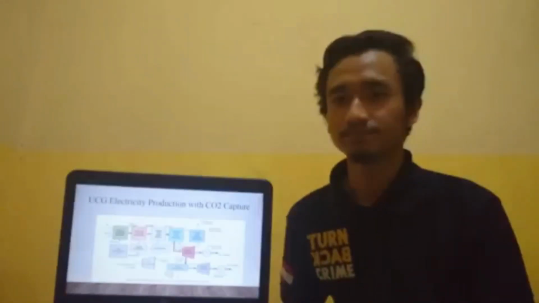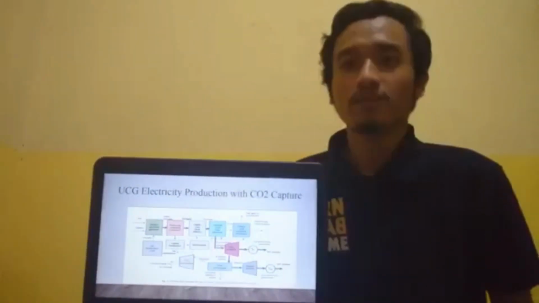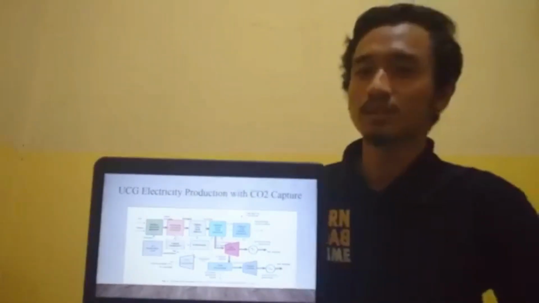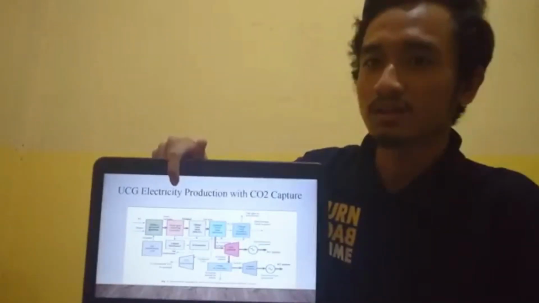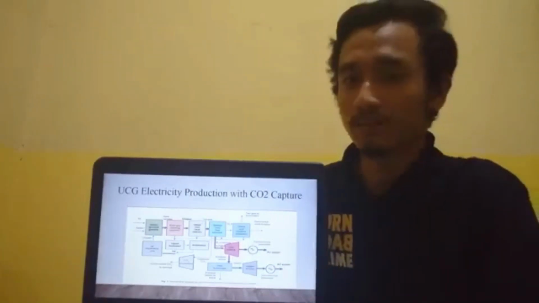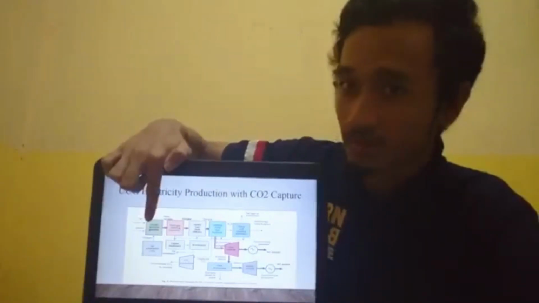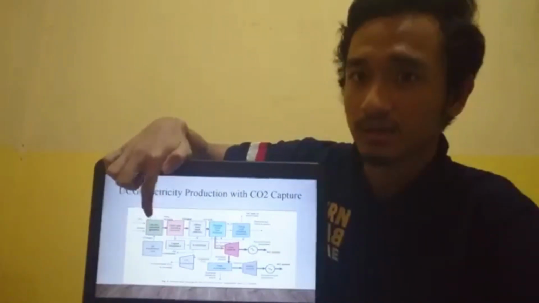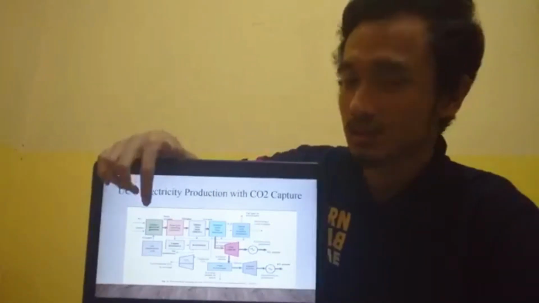In this flow diagram, you will see UCG production with CO2 capture. The first step is the underground coal gasifier, which produces the raw syngas.